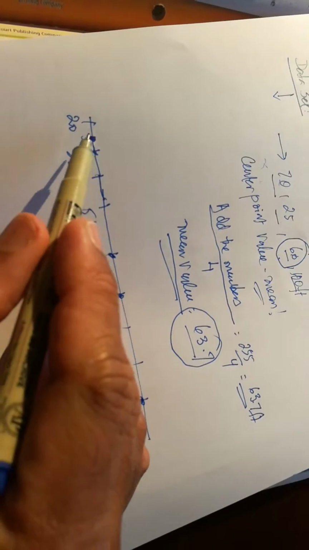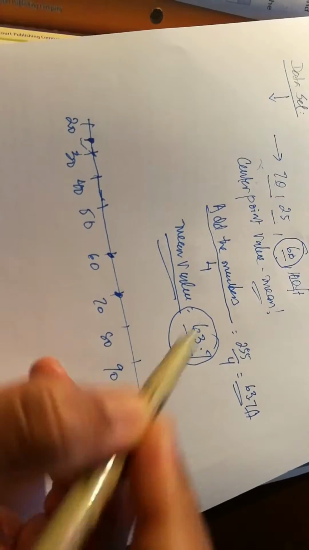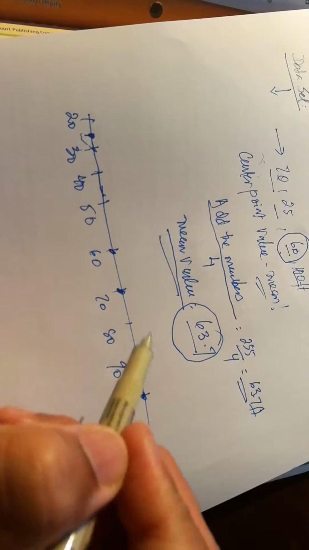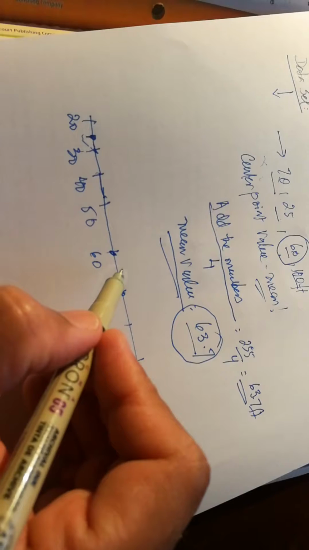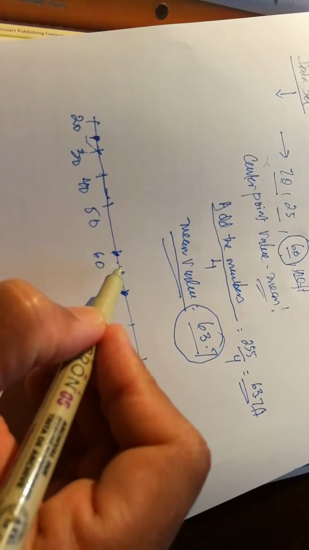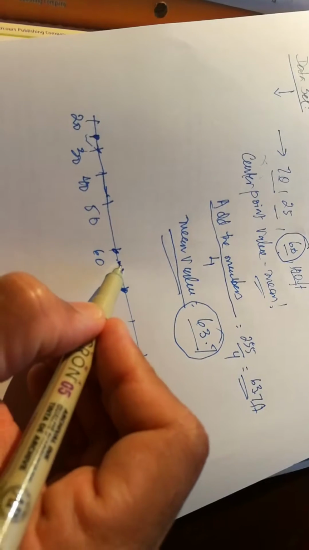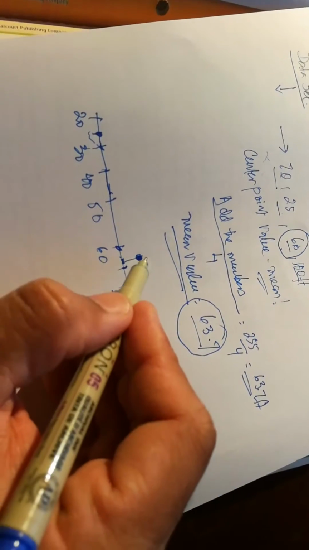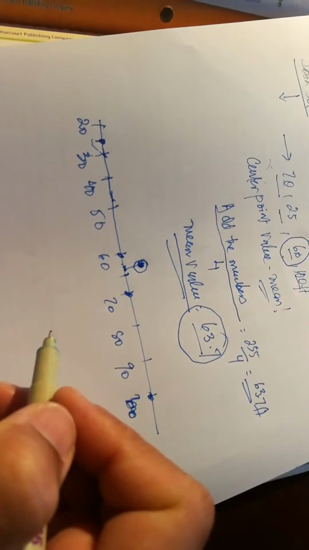So you have 1, 2, 3, 4. There are 4 data points, and you have plotted the 4 data points on the number line. Now, where is the mean? Mean is 63.7. So let us say this is 65. 63 would be somewhere here, and 63.7 will be this point. So here you have the mean.